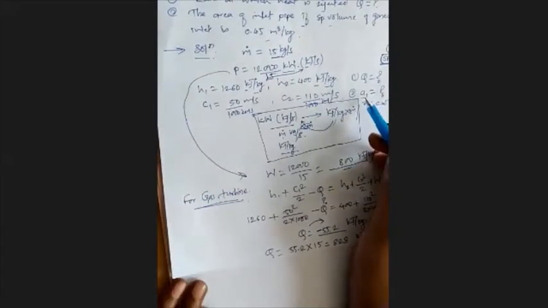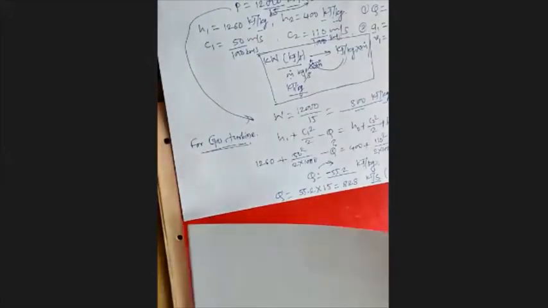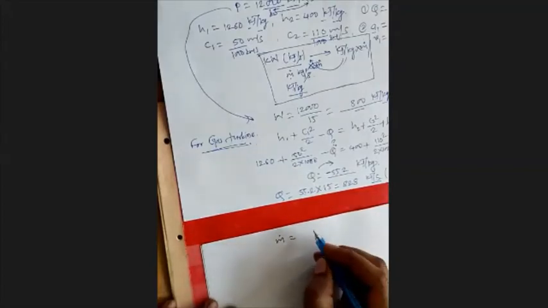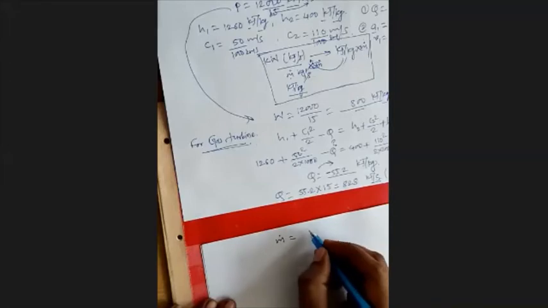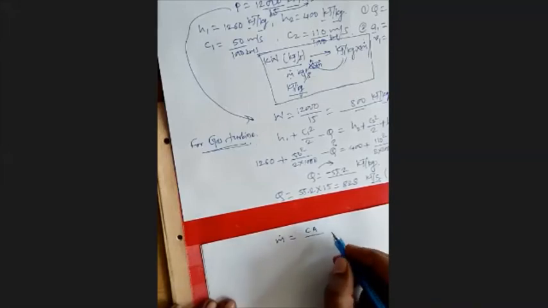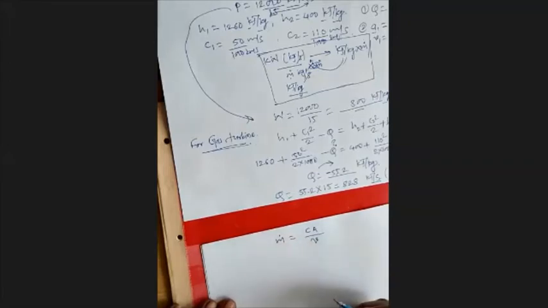For that, we have seen one additional relation for mass flow rate. What is the additional relation that we saw? For mass flow rate, m dot is equal to the product of velocity into area divided by specific volume, right?